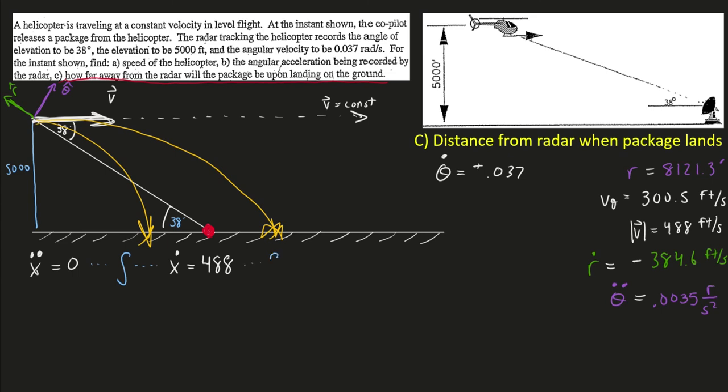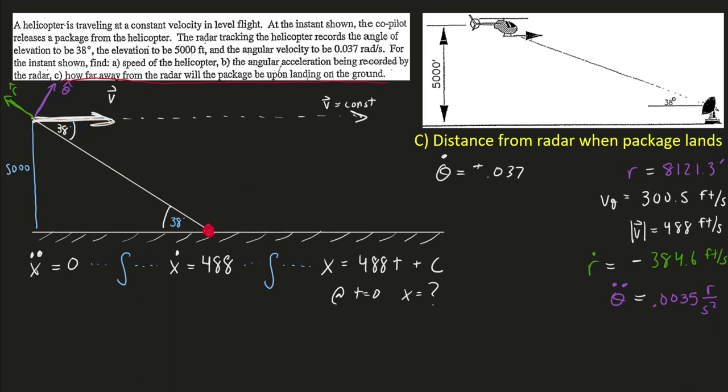Alright, let me take another antiderivative, and I'll get that the position will equal 488 times time plus another constant. So at time equal to 0, what is the x coordinate of this package? Well, I really should have done this from the beginning. I should have said, let's make a coordinate system for the flight of this package. I'll make a coordinate system from the launch.